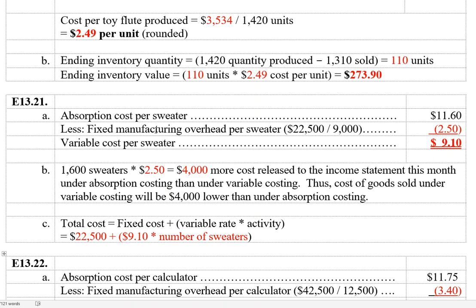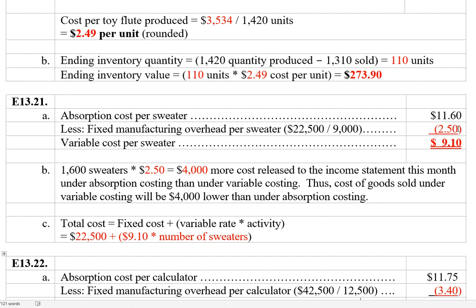So I'm going to put that amount here, and then they ask us to calculate the variable amount. Remember they give us this 22,500, and we divide it by the 9,000 that we made. This 22,500 is a total fixed amount, so we're simply dividing by the units to get 250.